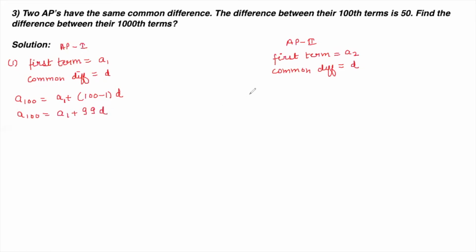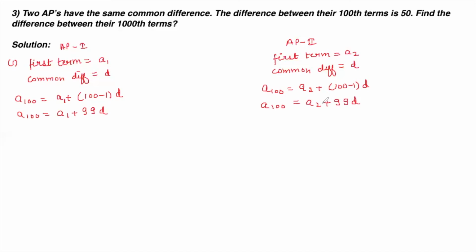Similarly, we'll write the 100th term for AP2 also. A100 is equal to A2 plus (100 minus 1)D. So A100 for the second AP is equal to A2 plus 99D.